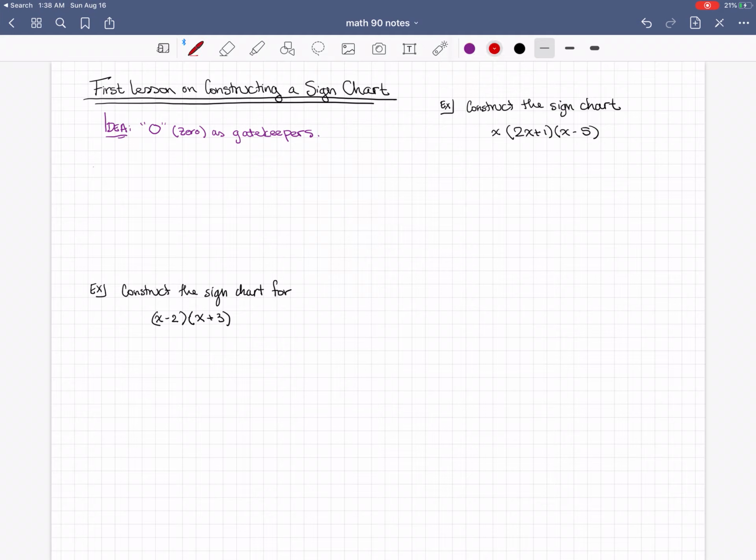So at this moment, I want to introduce a definition. A number is called a critical value for an expression if that number makes the value of the expression 0.